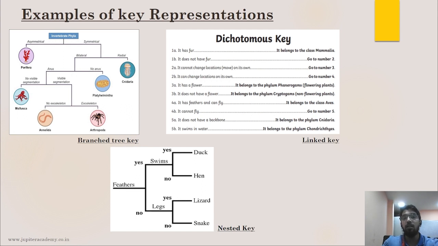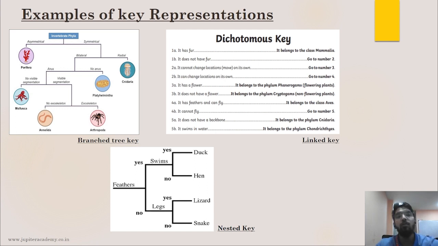Phylum Mollusca does not exhibit any visible segmentation, whereas the other phyla exhibit segmentation. Under segmentation, either an exoskeleton is present or absent. The exoskeleton is absent in Annelida and present in Arthropoda.